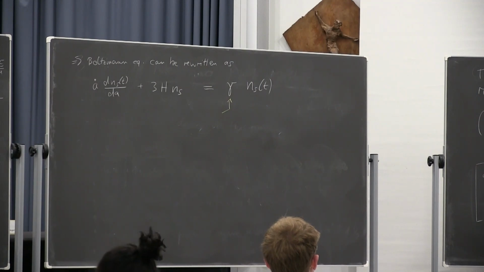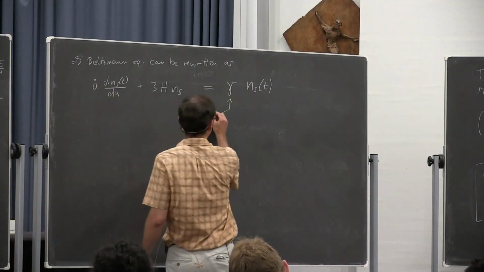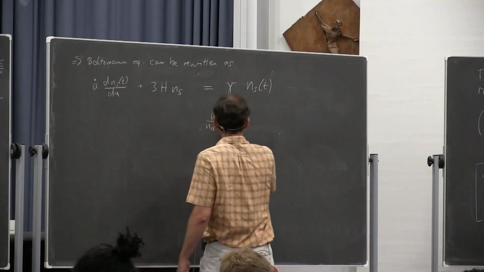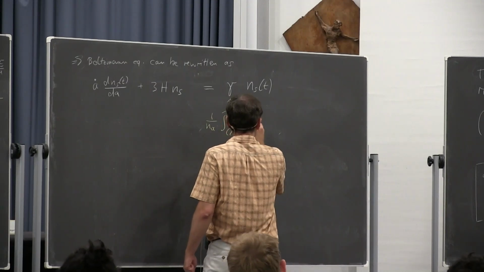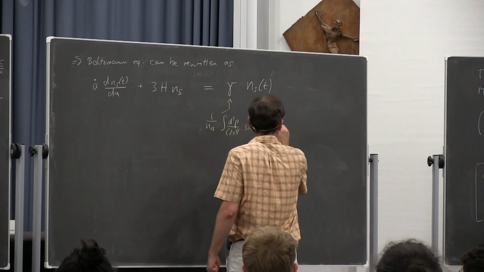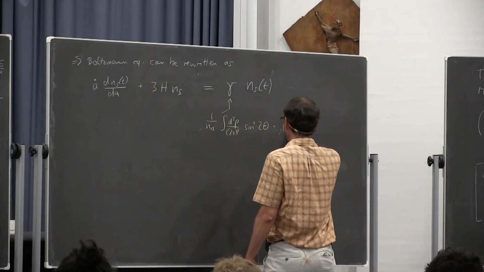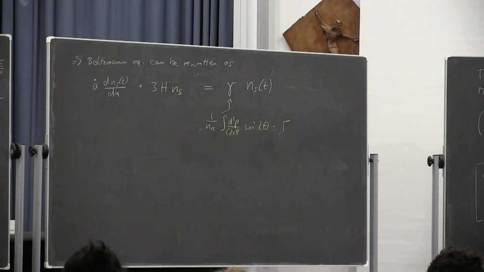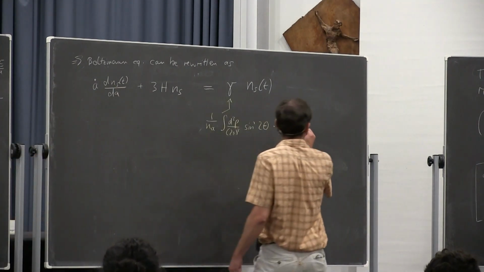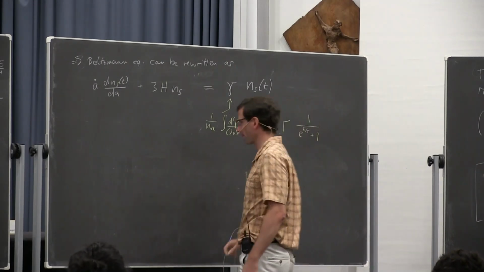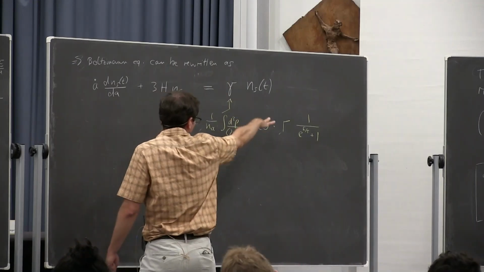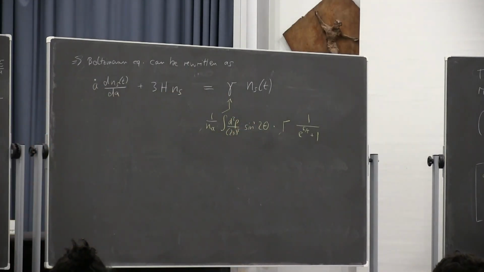So it's 1 over NA times integral d3p over 2 pi cubed times sine squared 2 theta times gamma, and I still need the distribution function, so times 1 over e to the E over T plus 1. So that's the term that now contains all the particle physics, especially the interaction rate.